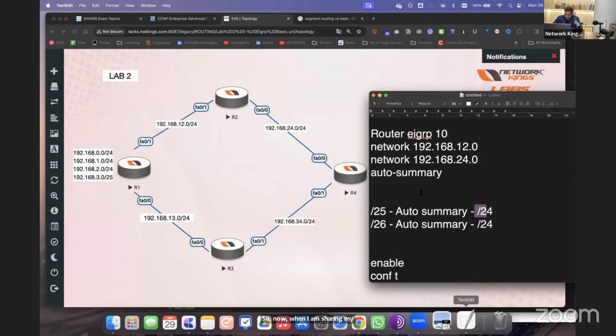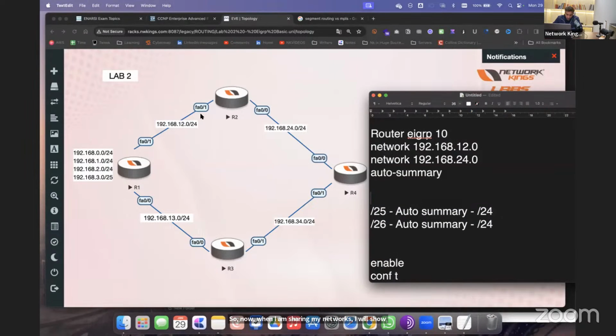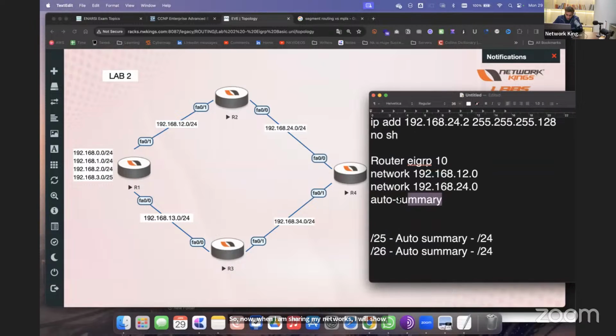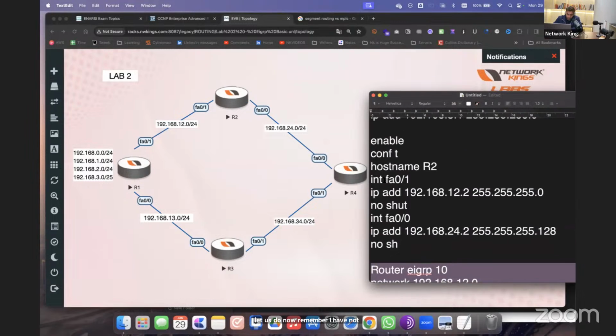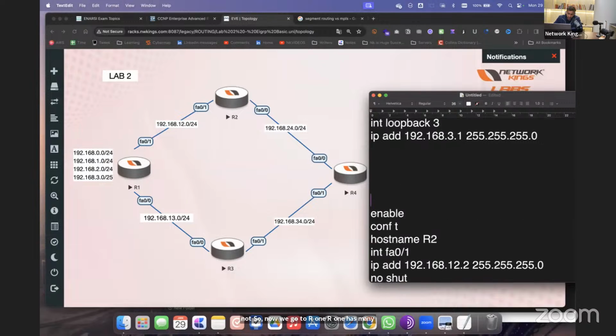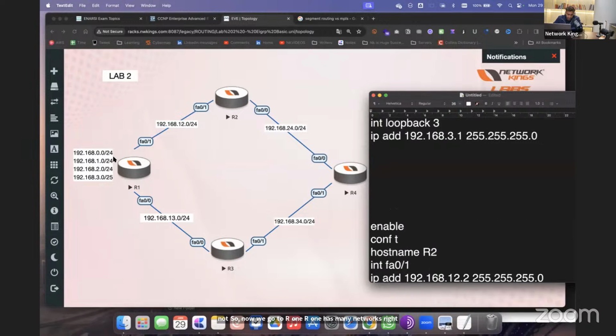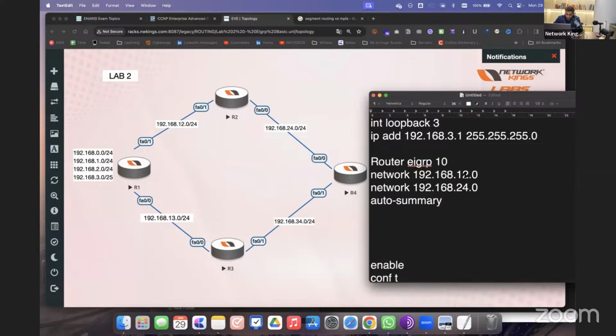Right now, I've done only router 2. Remember, I have not given no auto-summary yet. I'll tell you why we give it. Now we go to R1. R1 has many networks, right? R1 has 4 12.0, and R1 has 13.0.